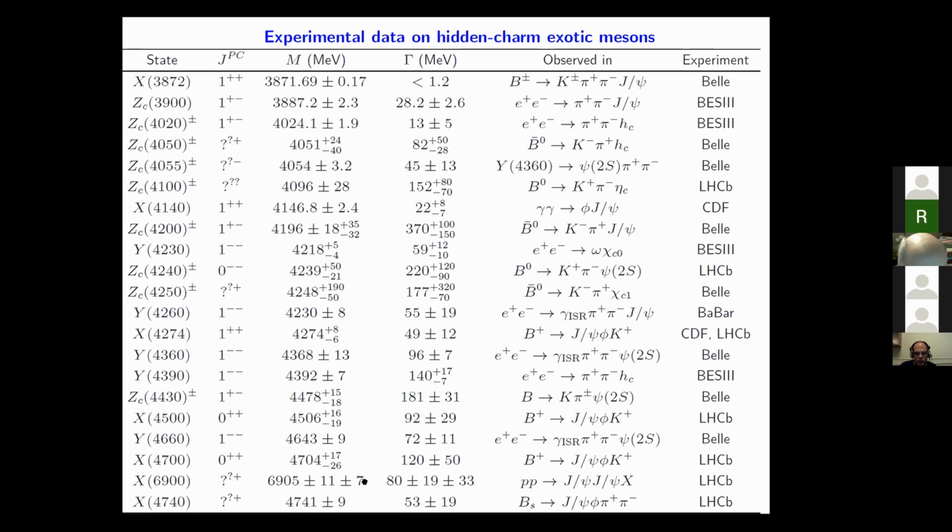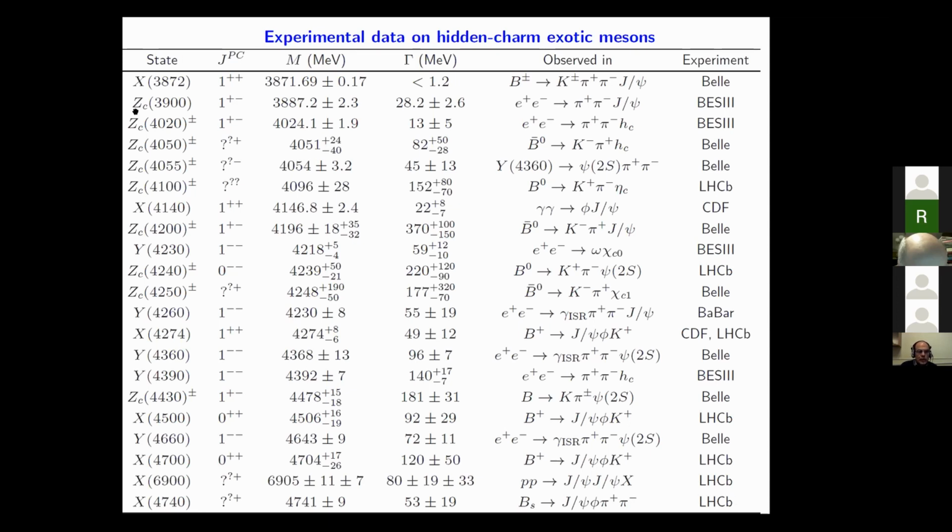X3800 was discovered and reported this summer by the LHCb Collaboration in the spectrum of J/psi pairs produced in proton-proton collisions. And for the last state, X4740, the evidence was presented only last week, also in a paper of the LHCb Collaboration.